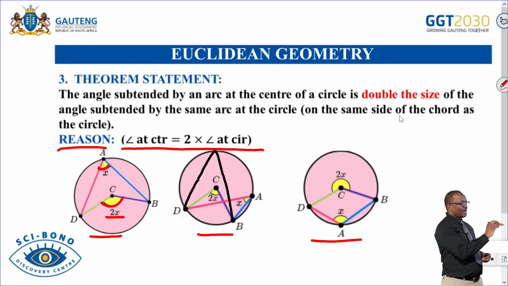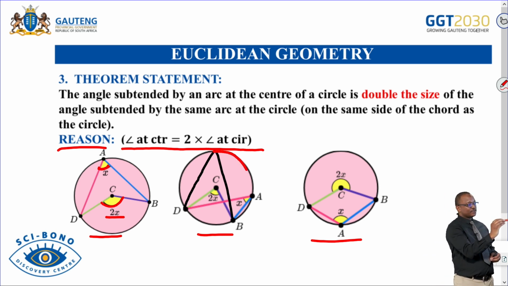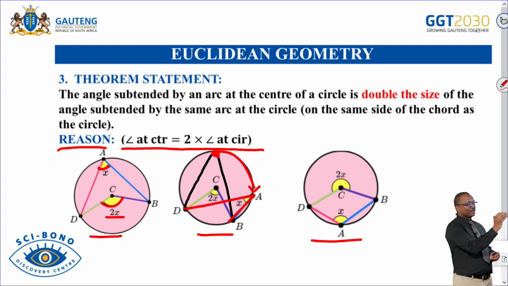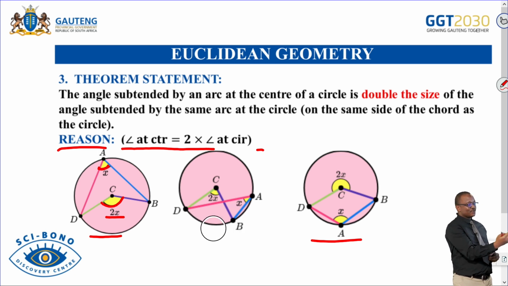Now it's moved to A so that you can see it that way. So basically, it's the same thing. You see it moves from here, then they just direct it to A. So this angle here is the angle at the circumference, which is x, and the angle at center is going to be 2x. That's what they have done basically in this theorem.